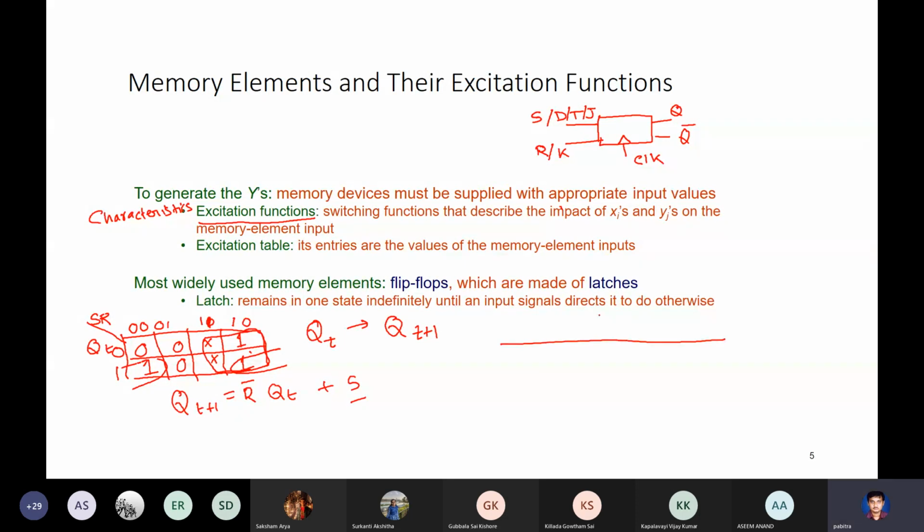These are all the transitions. There can be four possible transitions: 0 becomes 0 in the next state, 0 becomes 1, 1 becomes 0, and 1 becomes 1. And what is the requirement of input? This is the input requirement.